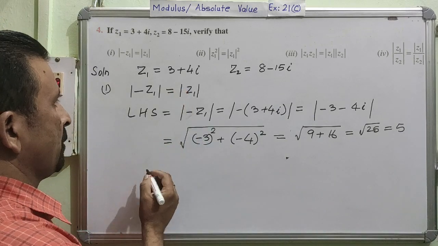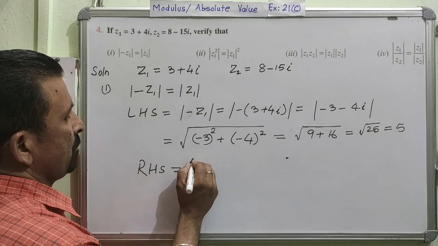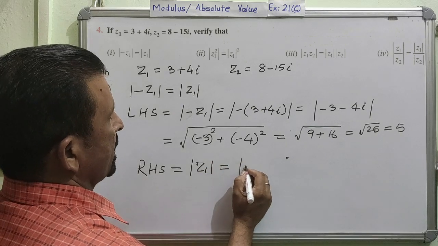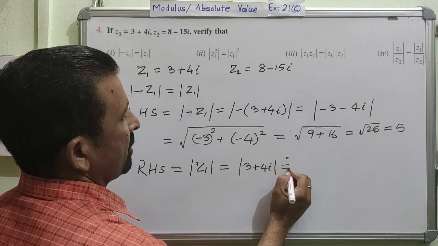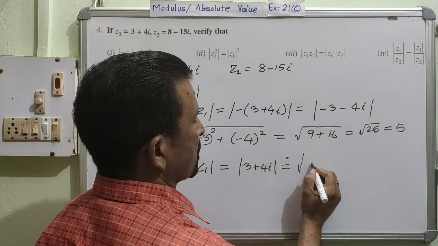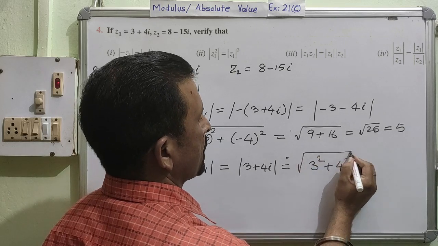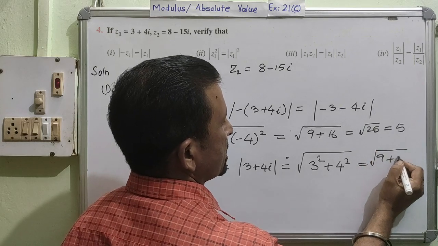Now find the value of the right hand side, which is the modulus of Z1. Z1 is 3 plus 4i, and when we find the modulus of this one, it will be equal to the square root of 3 square plus 4 square. This is equal to 9 plus 16.